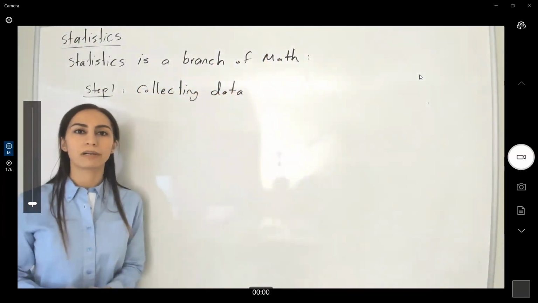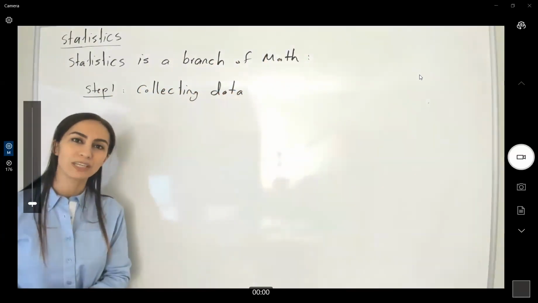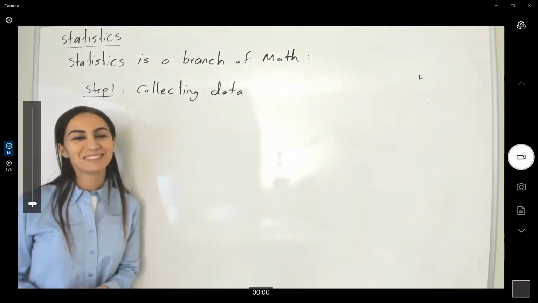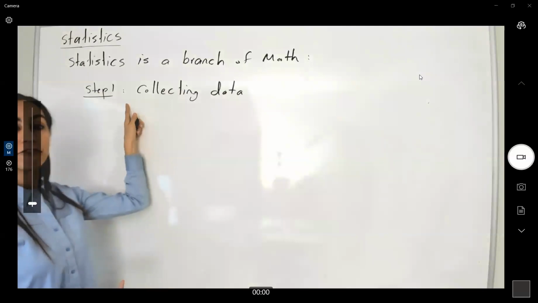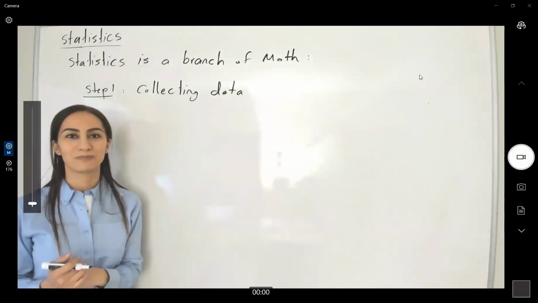Data: numbers, values coming from observations, counting, surveys, and so on. So the very first step is collecting the data.